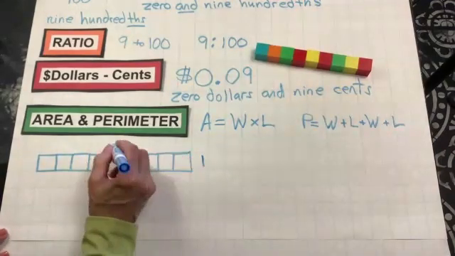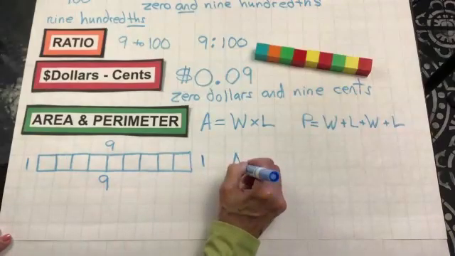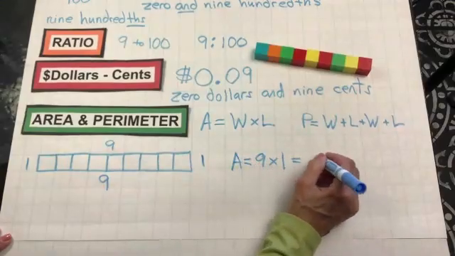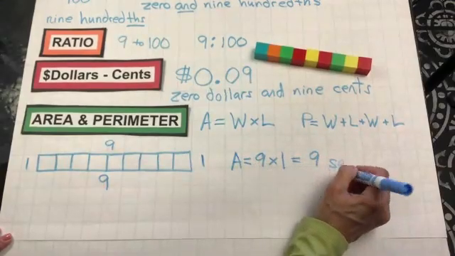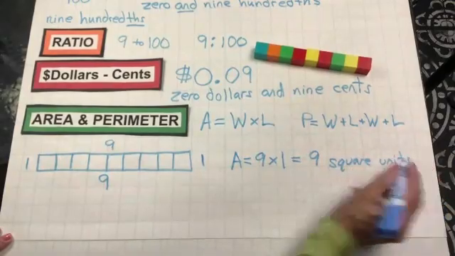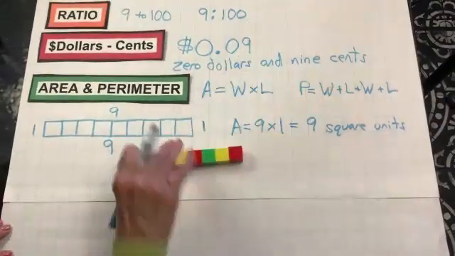And of course, this side would be 9 and 1. But what we're doing here is we're going to get our area, which equals 9 times 1, which equals 9 square units. Good job.